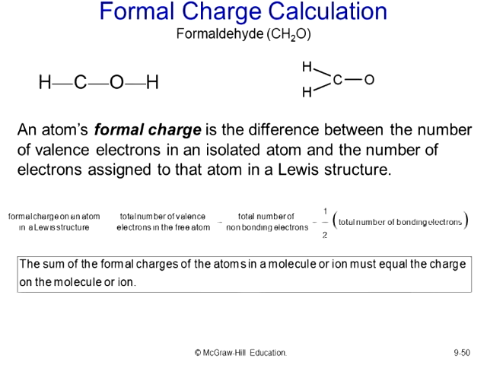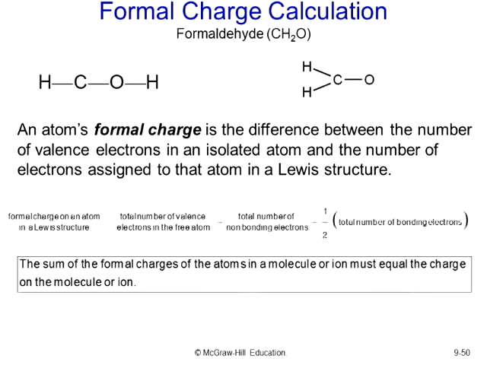Okay, ready? An atom's formal charge is the difference between the number of valence electrons in an isolated atom and the number of electrons associated to that atom in a Lewis structure. So this whole process starts by drawing a skeleton and determining which one is the best skeleton based upon the formal charge.